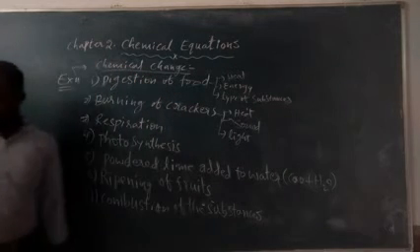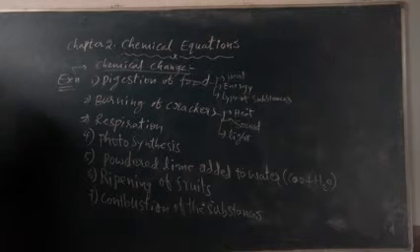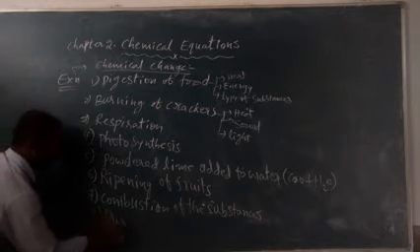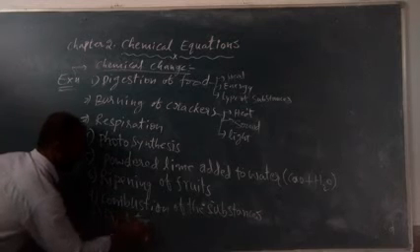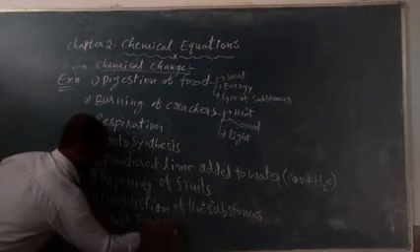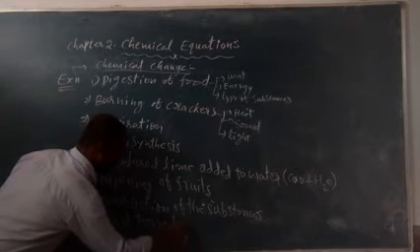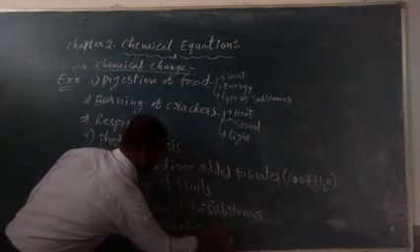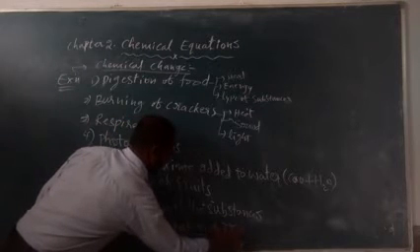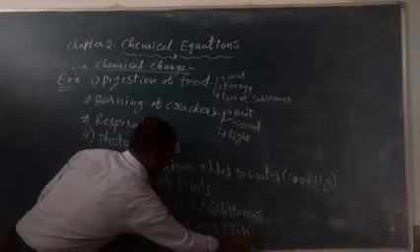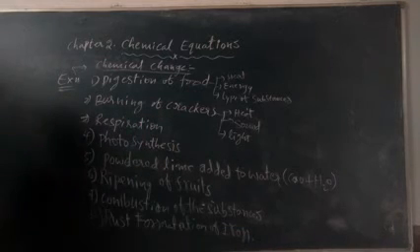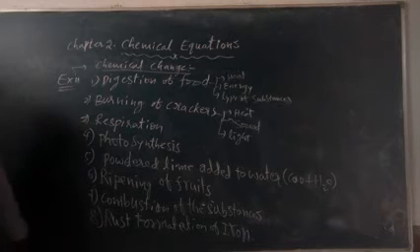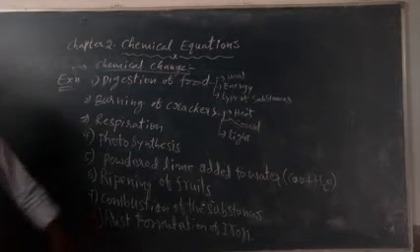Rust formation of iron is also a chemical reaction; ferric oxide is formed. You will get all these things in the form of chemical equations in further lessons.